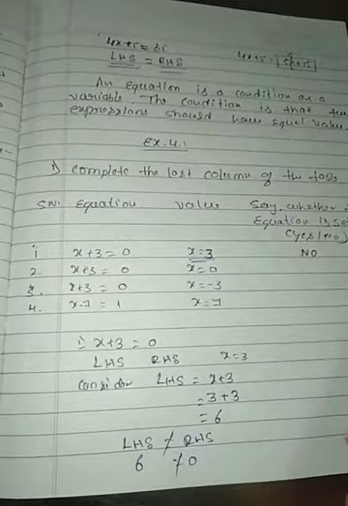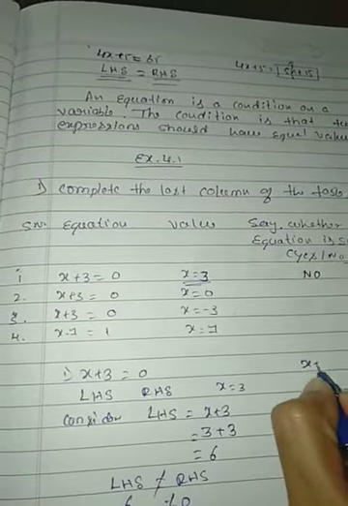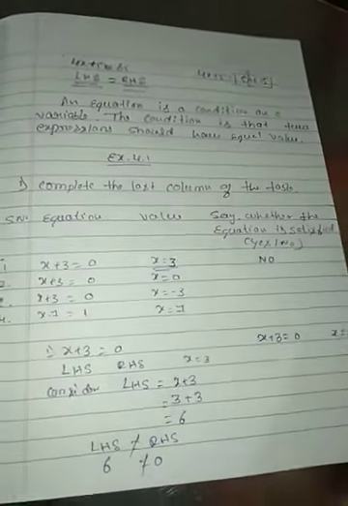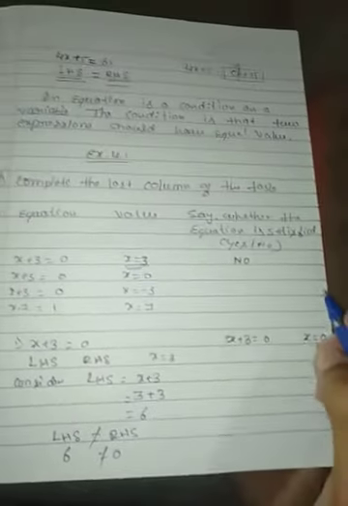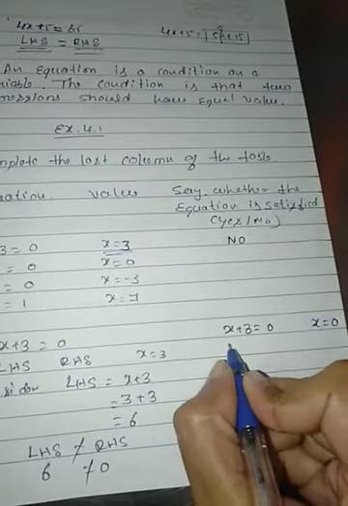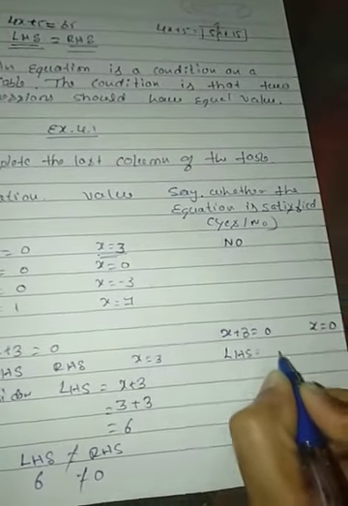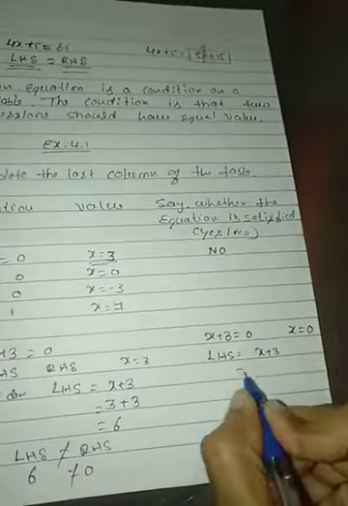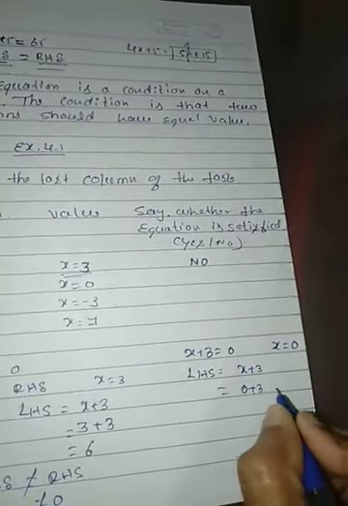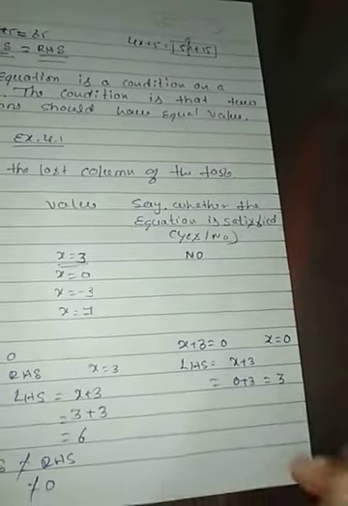Now consider the second one, x plus 3 is equal to 0, and here the x value is 0. Here LHS is x plus 3. Put x equal to 0, that is 0 plus 3, which is 3.